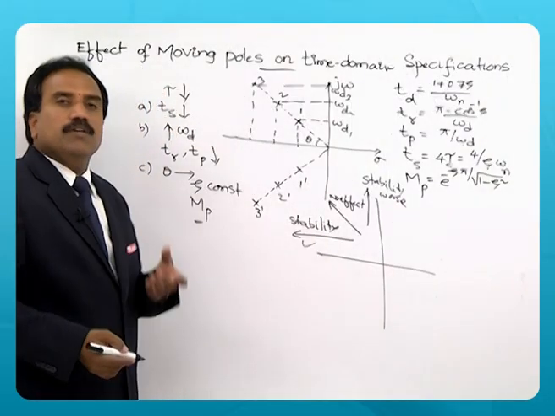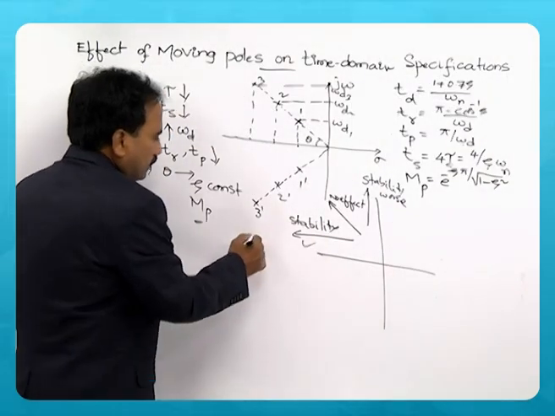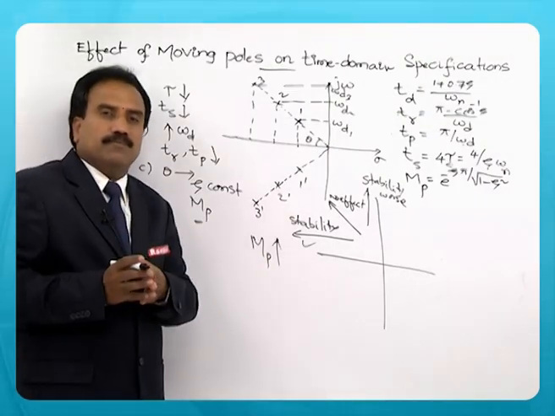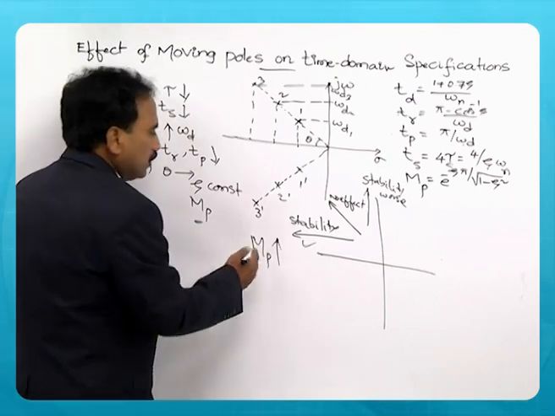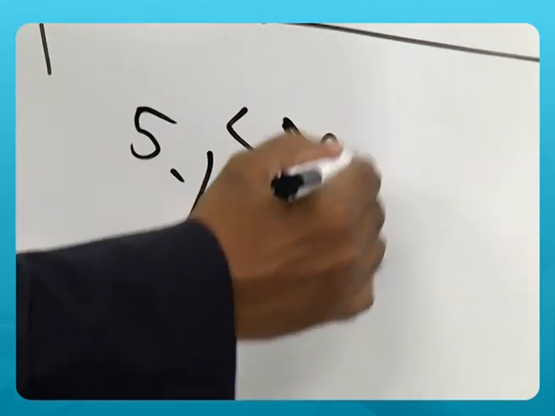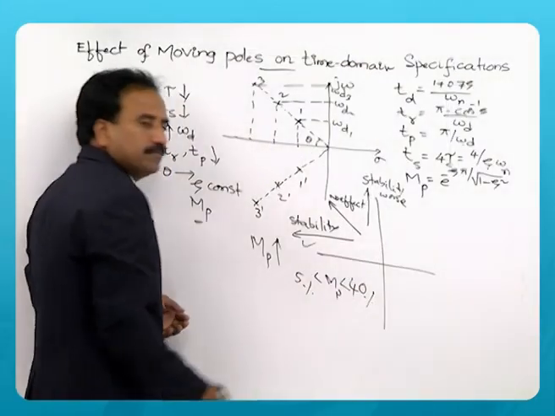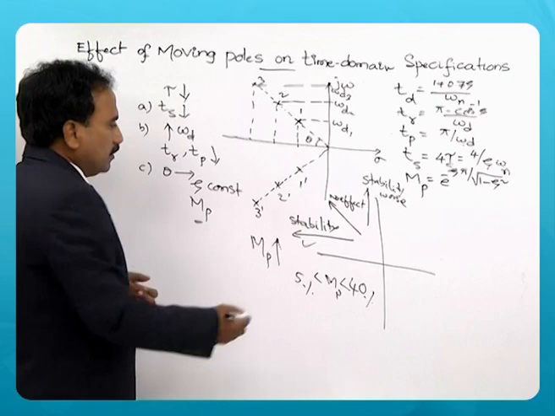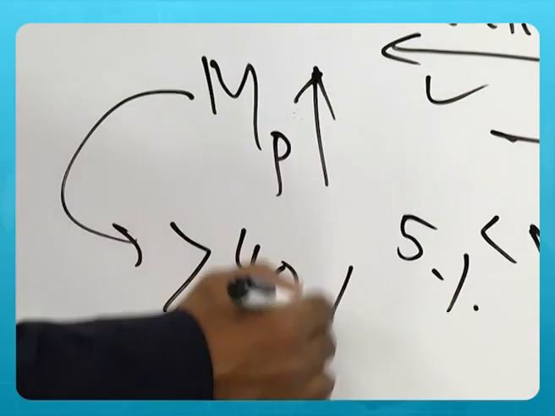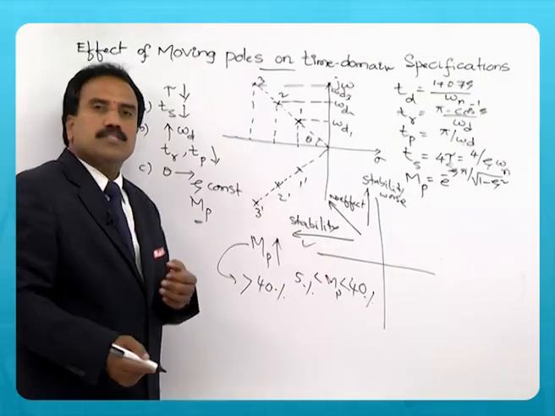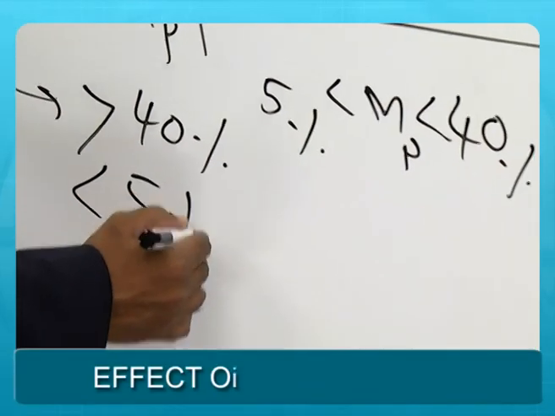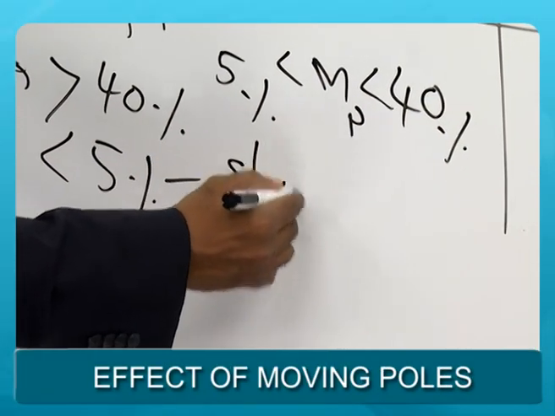So always remember the peak overshoot: when there is a rise, we say it is not a good sign, but there are some limits for peak overshoot. It should be between 5% and 40%. If the peak overshoot is greater than 40%, the system becomes unstable, and if it is less than 5%, we say that the response is very slow.